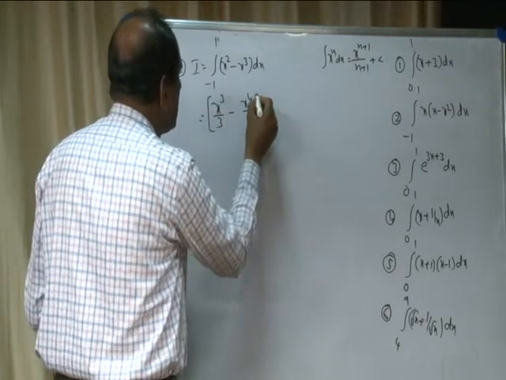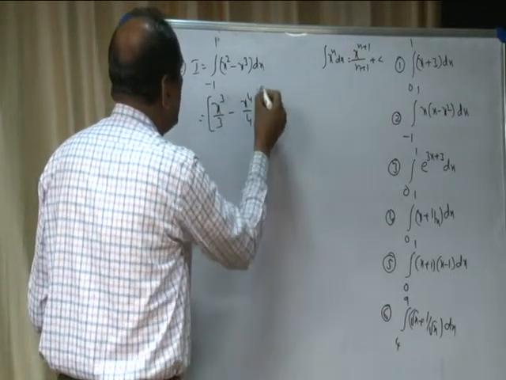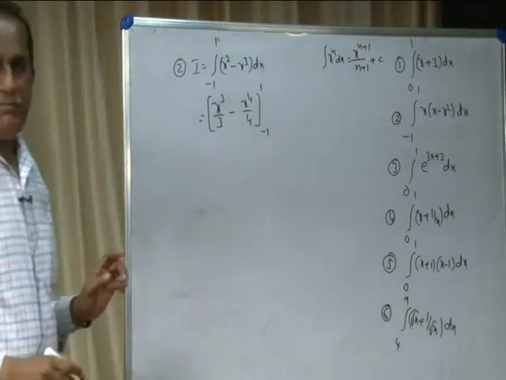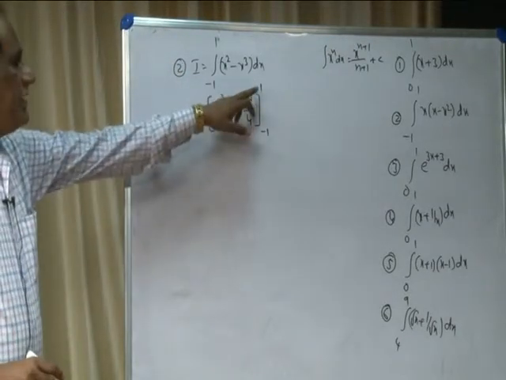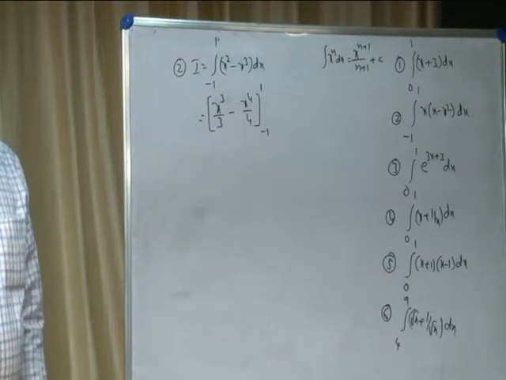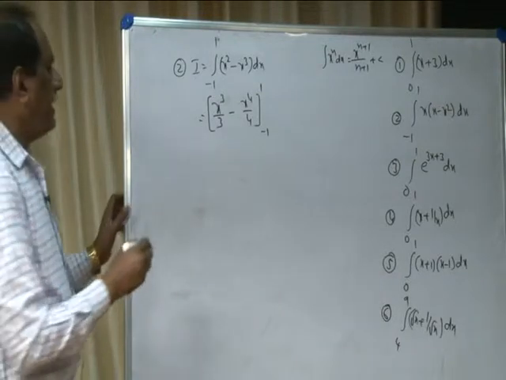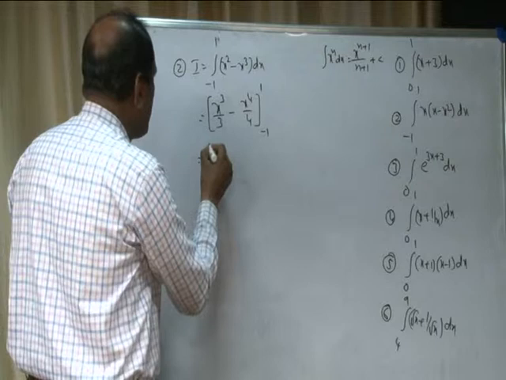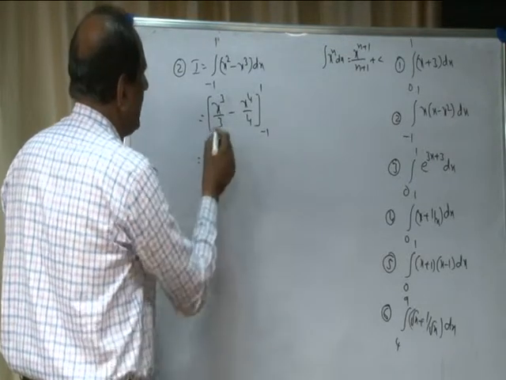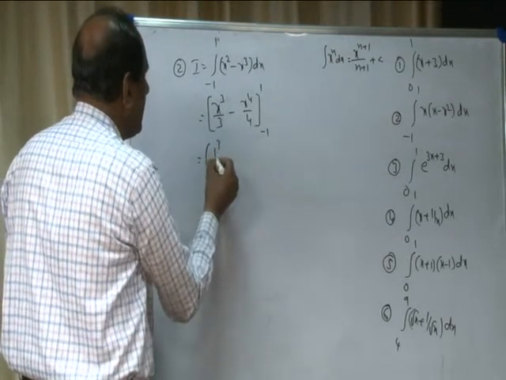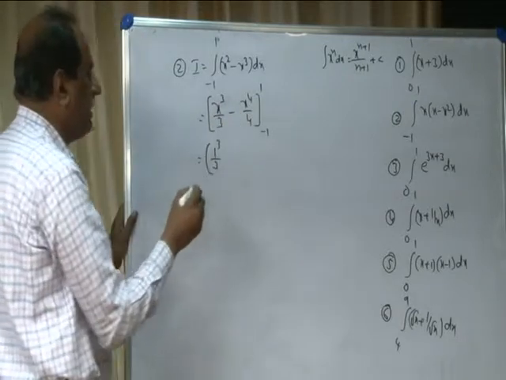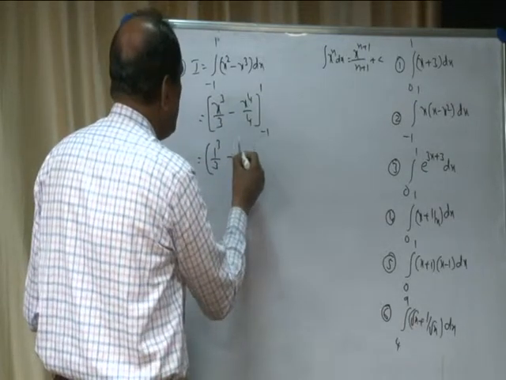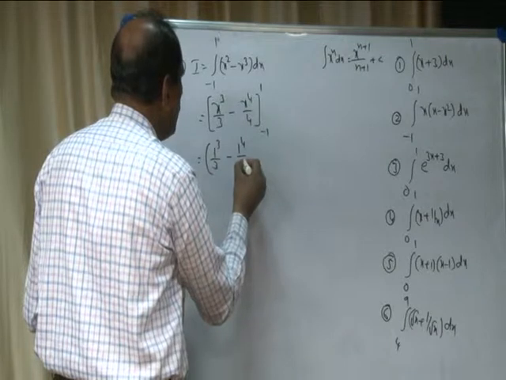After integration, write the bracket and write the lower limit and upper limit. Here the upper limit is 1, the lower limit is minus 1. Now apply the upper limit in the first small bracket: 1 cube by 3, so put x is equal to 1, minus 1 power 4 by 4.